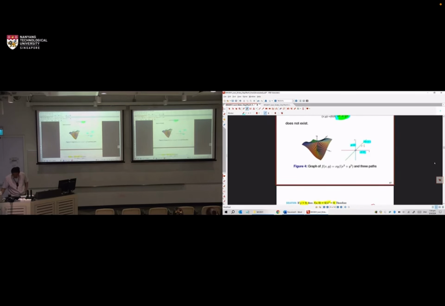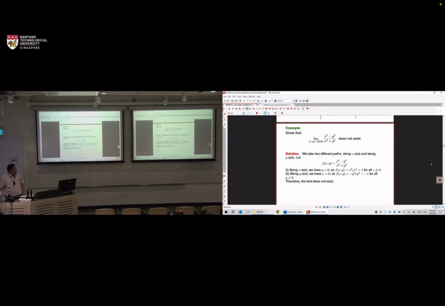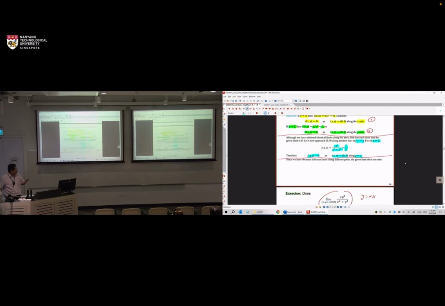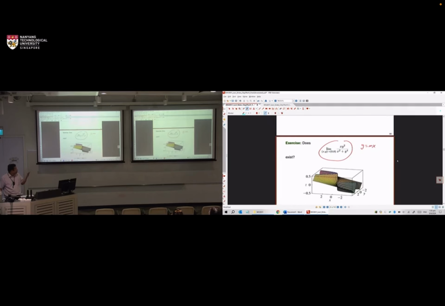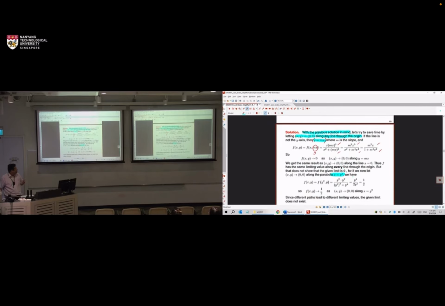So the idea is really, always try x equal to 0, y equal to 0, y equal to x. And for some more complicated cases like this, you have to go and analyze until x equal to y squared.